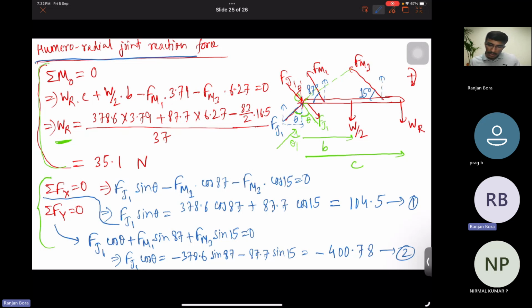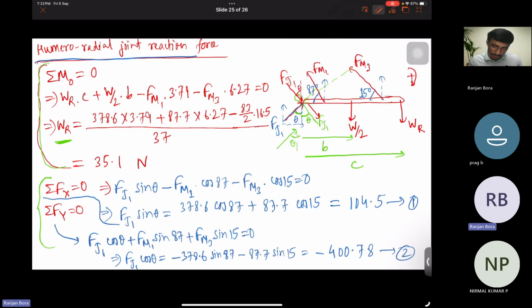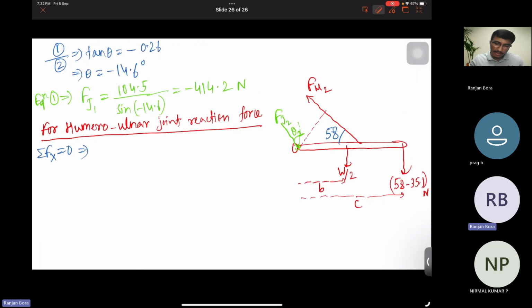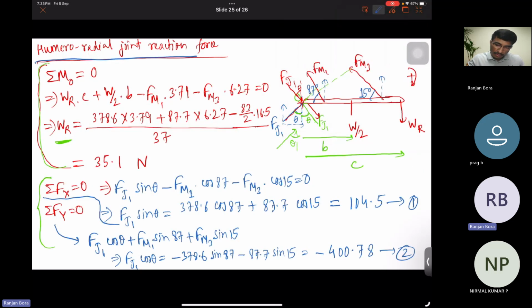Okay, in my previous calculation, I made one mistake here. I think you also didn't see it. While considering the forces in the y direction, I should also have considered these two forces, W/2 and WR. But I forgot to consider them.